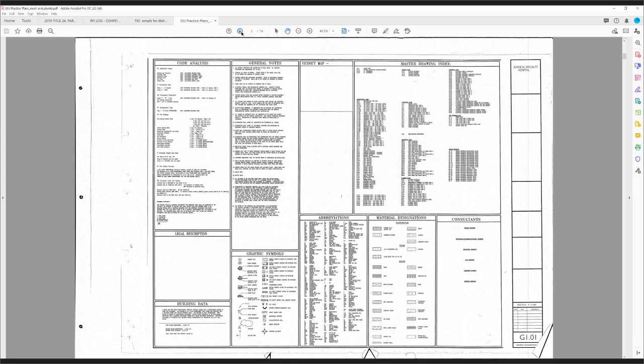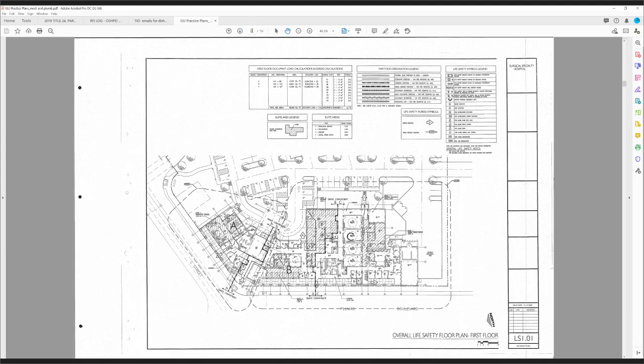Moving right along. Okay, I see you're flipping through now.